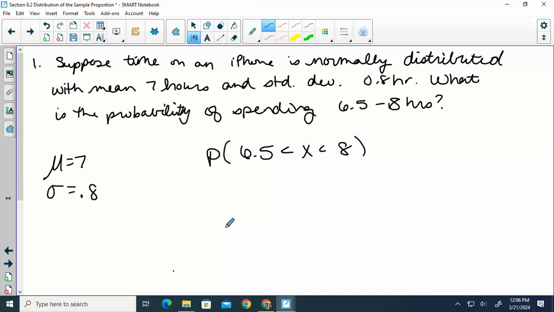So what do we have to do? Z-scores for both. So z is our value minus the mean divided by the standard deviation.